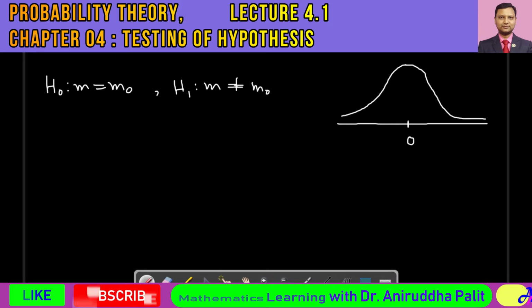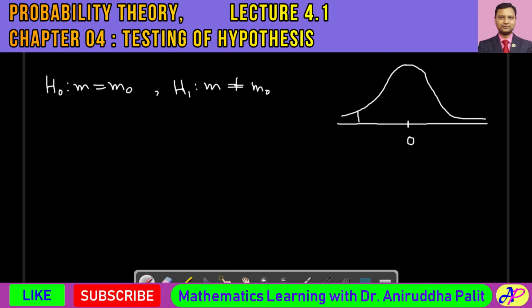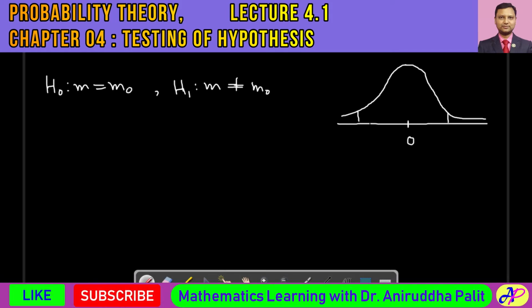Now, if this is the alternative hypothesis H1, in that case the critical region will lie on both sides. It should be symmetric, although the picture is not very symmetric. My drawing is not very good.